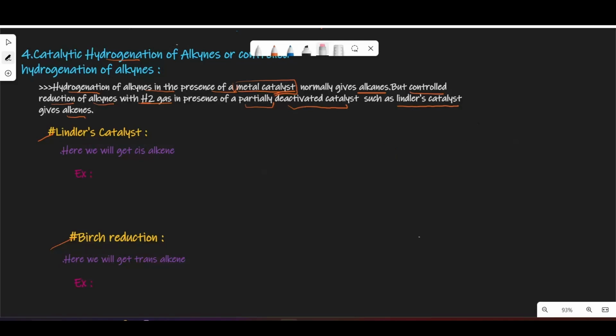So let's see the reagent for Lindlar's. Here you should remember this reagent, it is more important. That is Pd/BaSO4 in the presence of quinoline.